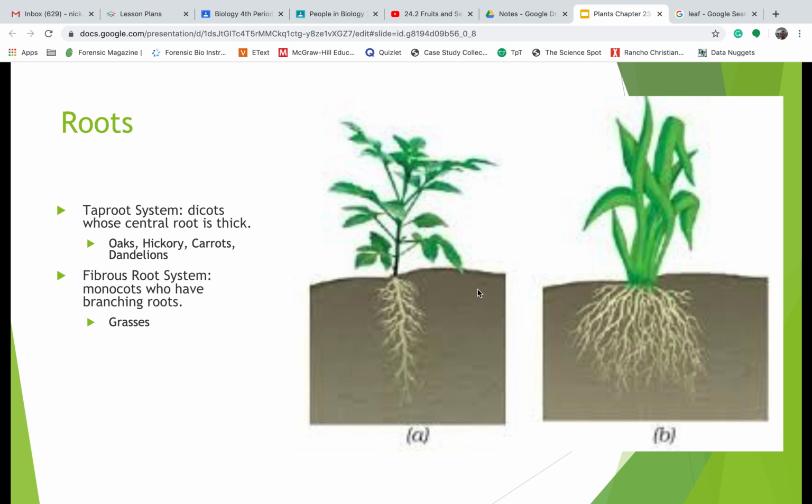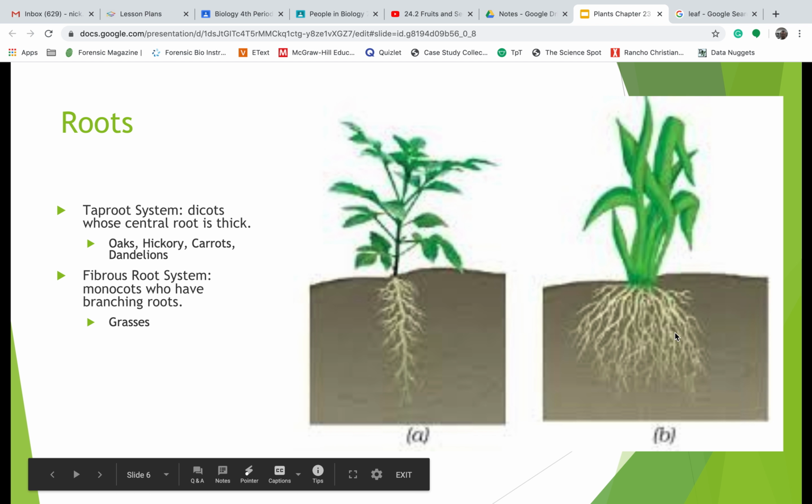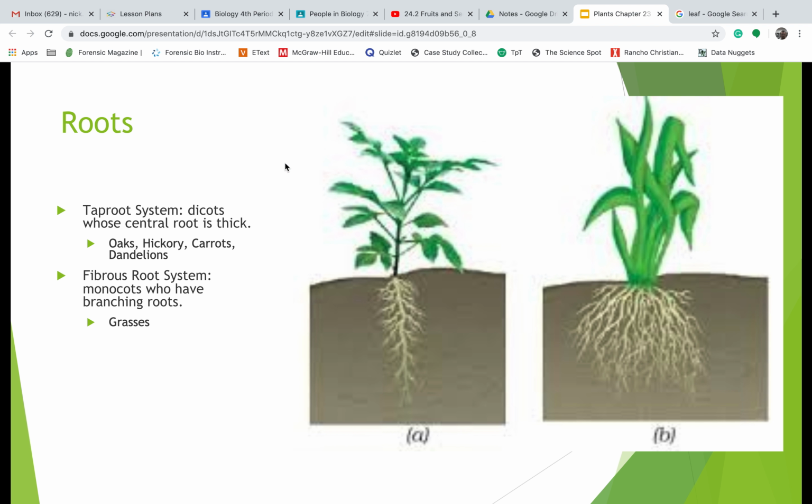So there are two types of root systems. Pictured, you have the two types of root system. Here you have a taproot system, and here you have a fibrous root system. A taproot system is common in dicots, and you can see it has this large central root, usually used to penetrate deep down into the soil and find a lot of water.